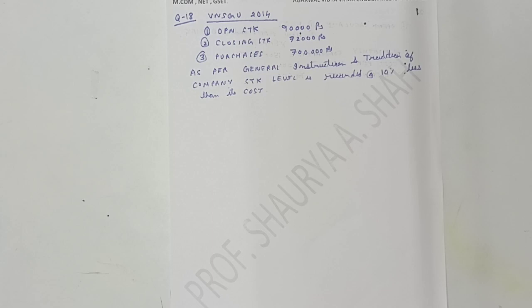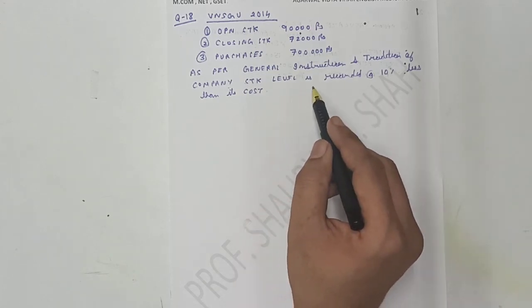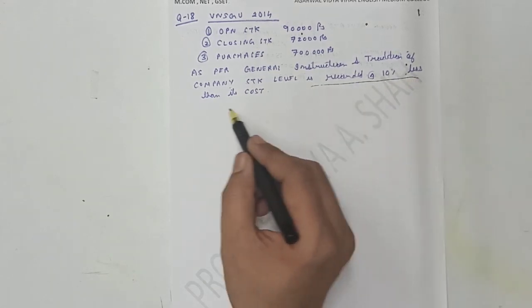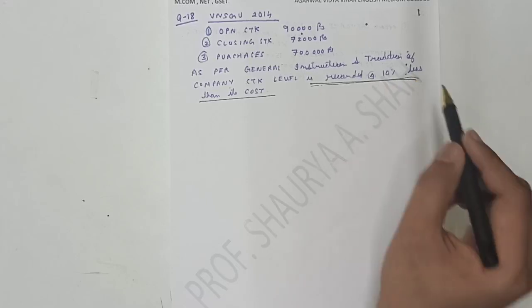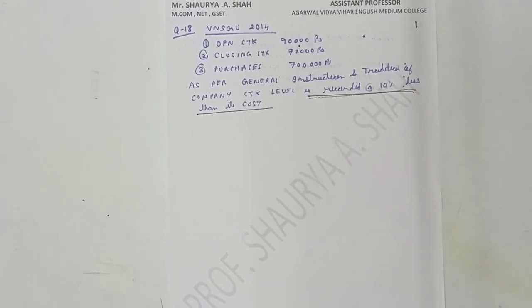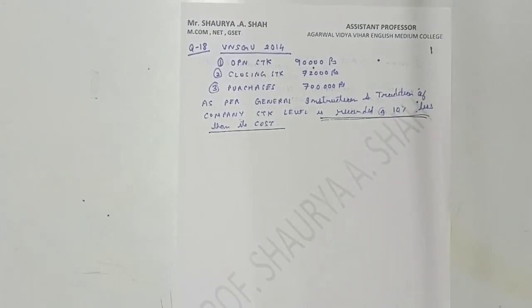The only line which confuses the students is: as per the general instruction and tradition of the company, stock level is recorded at 10% less than its cost. Read carefully. Stock level is recorded at 10% less than its cost.